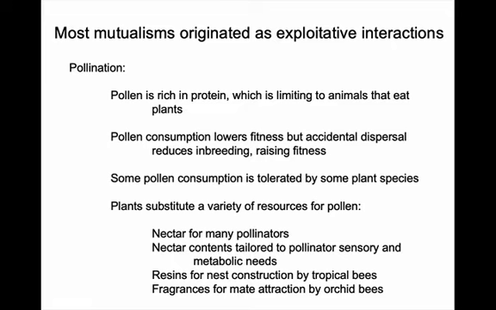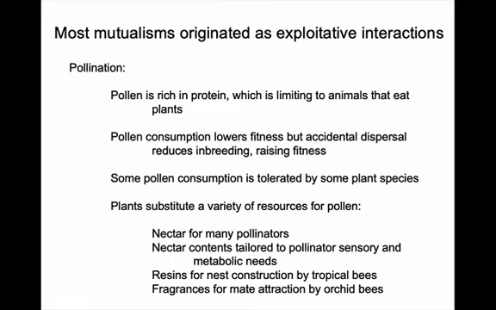In other parts of the world, however, we're used to thinking of this in the temperate zone. In the tropics, there are other kinds of rewards that substitute for pollen, like resin. There are some flowers, such as Dalechampia, which is a tropical vine that I worked on in the mid-90s, that provide resin for nest construction.